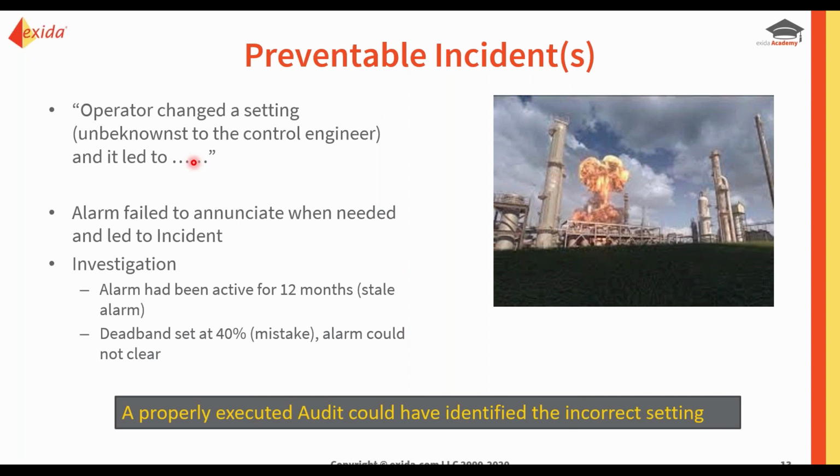It could have been an incident with some damage to equipment that occurred because an operator changed a setting that they shouldn't have, or unbeknownst to them, they shouldn't have changed it, and it led to this kind of an incident. So definitely things can happen if you're not keeping on top of changes that are made to your alarm system that don't go through a formal management of change process.